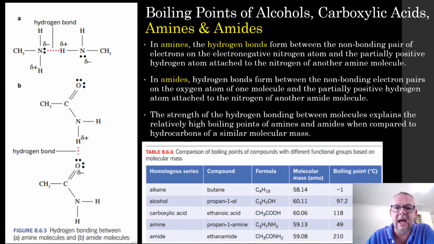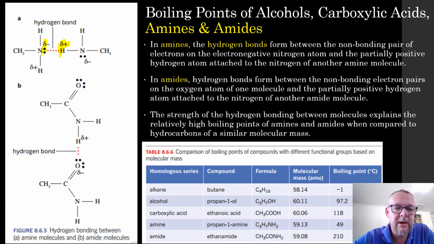Now, let's have a look at amines and amides. So in amines, the hydrogen bonds form between the non-bonding pair of electrons where they're on the electronegative nitrogen atom and the partially positive hydrogen atom. So there's our partial positive here, that's the delta plus on the hydrogen atom attached to the nitrogen of the other amine molecule.